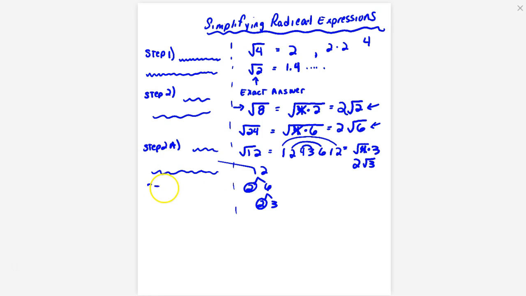Step 3 is you may have to do it more than once. Let's see. Oh, my step 3 is not coming out very well. Step 3. You may have to do it again.